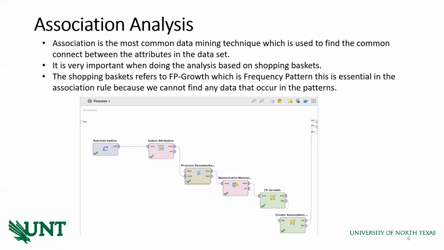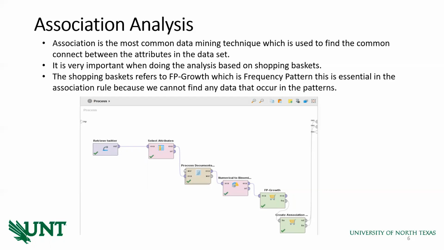Association analysis. Here we can see the association analysis. It is used for finding the common connections between the attributes, which we can see in the image. It is important to use when doing analysis on shopping baskets. It refers to FP-growth, which is frequent pattern growth.